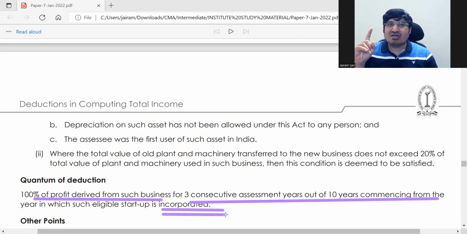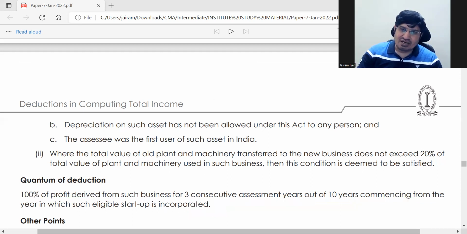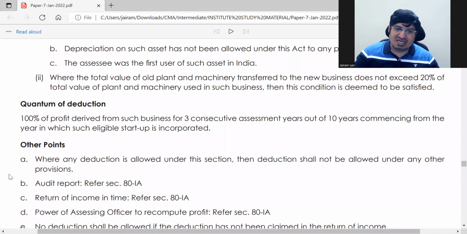Not that is from the year it becomes operational. It is there for all above sections. In this sections, it is you will get from the year of incorporation. Okay. Any 3 years you can choose out of 10 years. Okay, consecutive years. बस ये difference है. But here it is 3 out of 10 years, and just different thing is from the year of incorporation. Here it is. ठीक है. Not operation, not from when it has started operation.